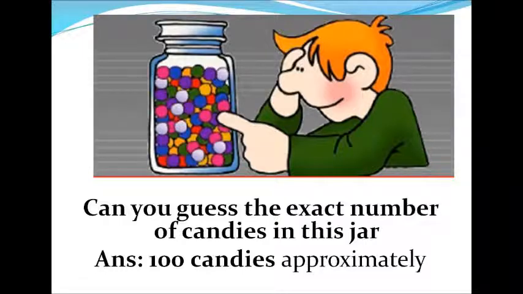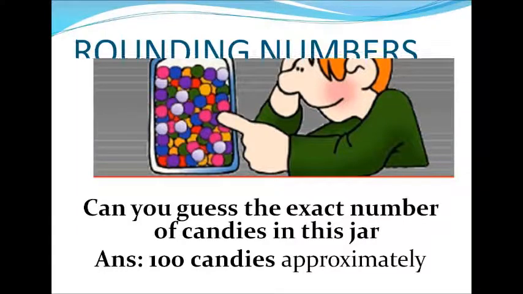Children, you must have heard many times that you can tell me an answer nearby this answer, or you can tell me the estimated value of something. These estimated values or the nearby answers are known as rounding numbers.